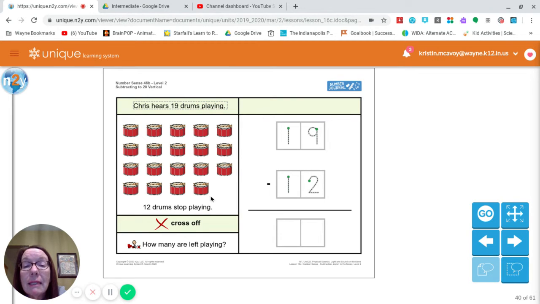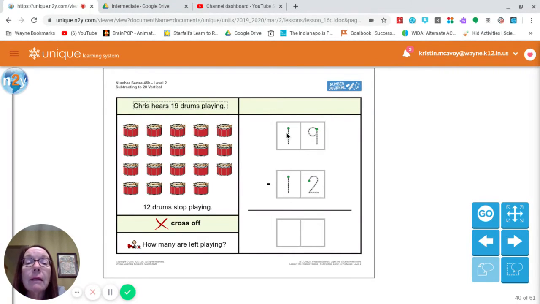So this is 19 drums. Let's count by 5s and then go on to count to 19. Ready? 5, 10, 15. Now we'll switch to 1s. 16, 17, 18, 19. That is 19 drums.